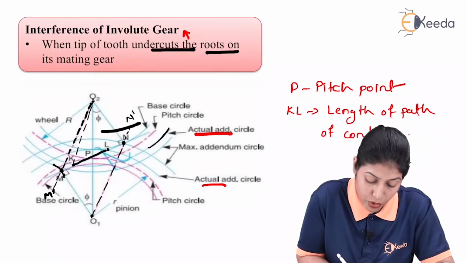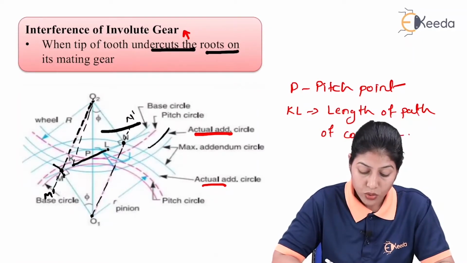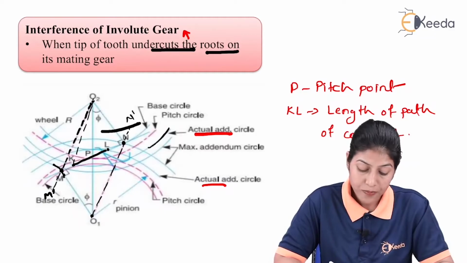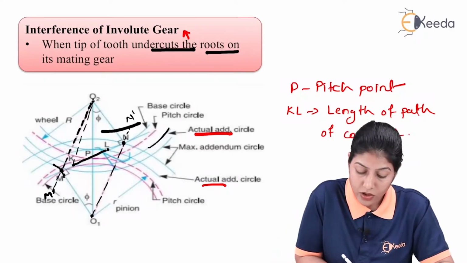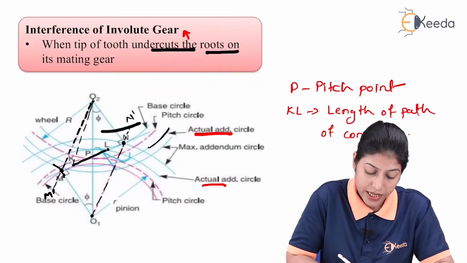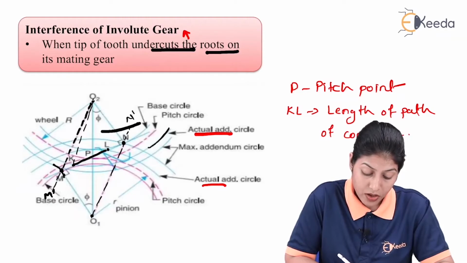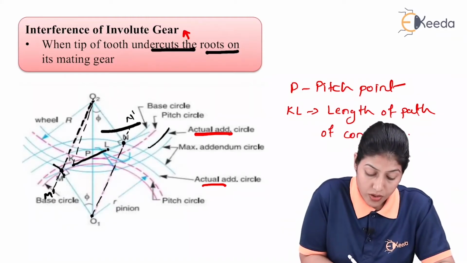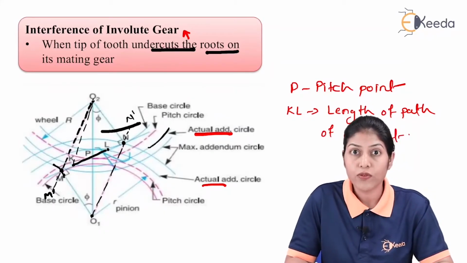So in both cases, when we increase the radius of the actual addendum circle of the pinion, the tooth of the pinion will undercut the surface of the tooth of the wheel, and if we increase the radius of the addendum circle of the wheel, the tip of the tooth of the wheel will undercut the involute surface of the tooth of the pinion. So this particular condition represents the interference of involute gear.